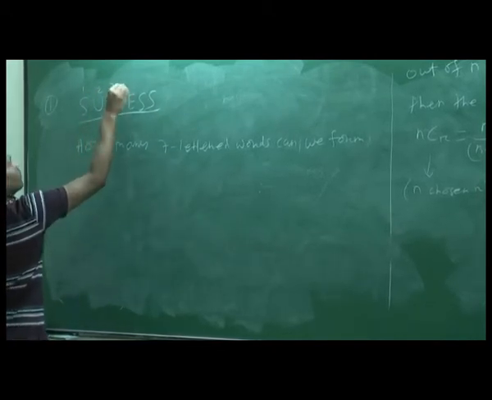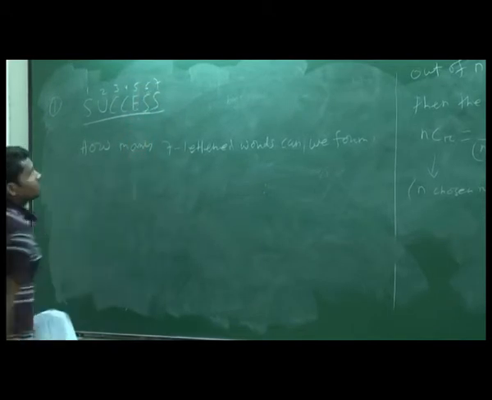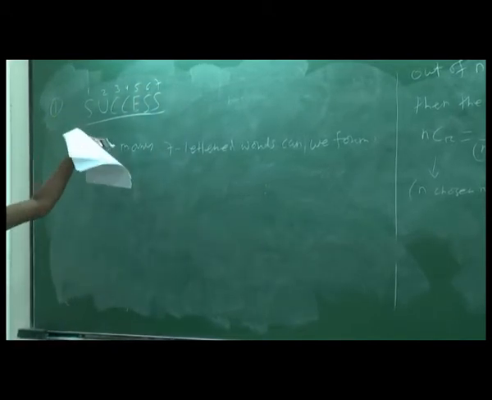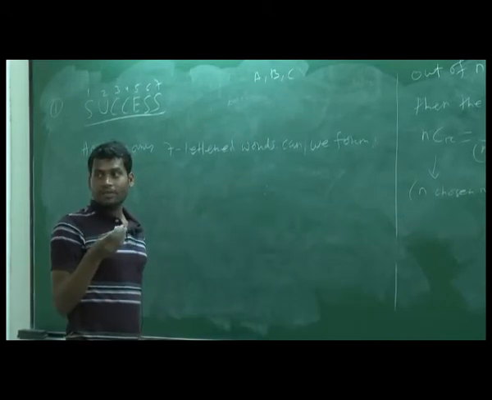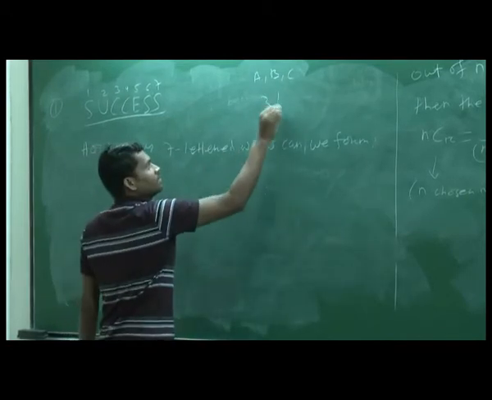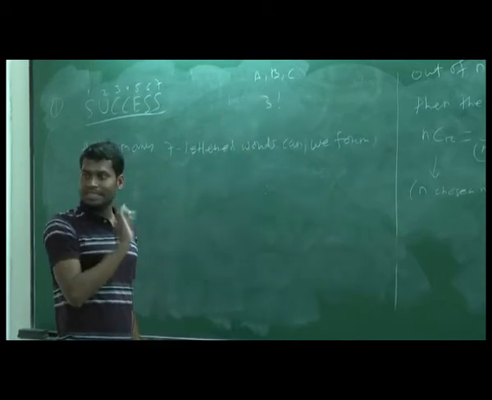Yes, sir. 420. Okay. How many letters are there? 1, 2, 3, 4, 5, 6, 7. Suppose they are distinct; previously we did one problem, suppose A, B, C are there, so this can be arranged in 3 factorial ways. Here all were distinct, but here some of them are identical. So if all are distinct, we can do it in 7 factorial ways.